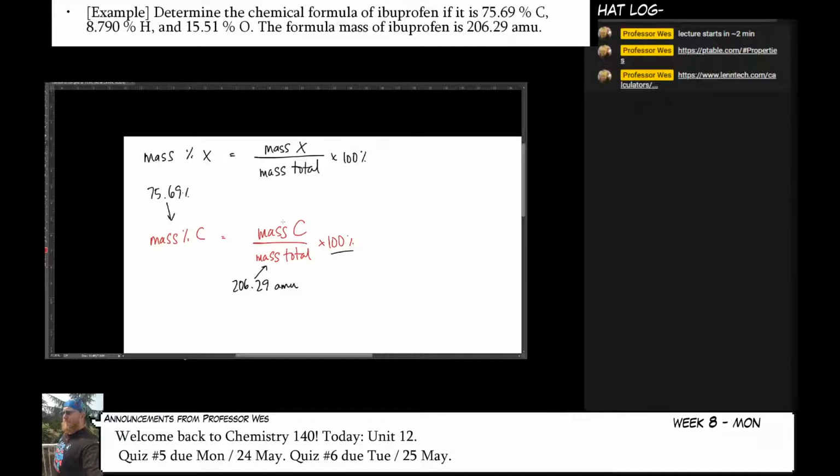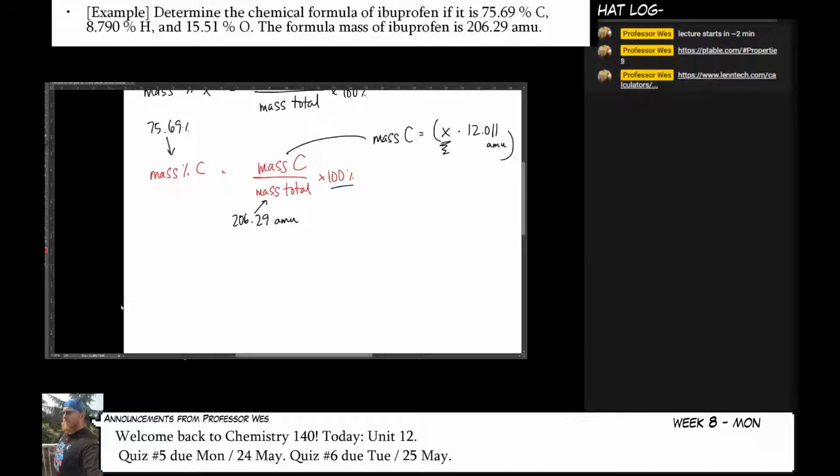All I don't know about this is how much carbon is in there. But what I do know is that the mass of carbon equals however many carbon atoms there are times 12.011 AMU. So if I substitute this and then just solve for X, I'll know how many carbons are in the formula, right? So let's do some algebra here. I'm going to rearrange this so that I just get the mass of carbon by itself.